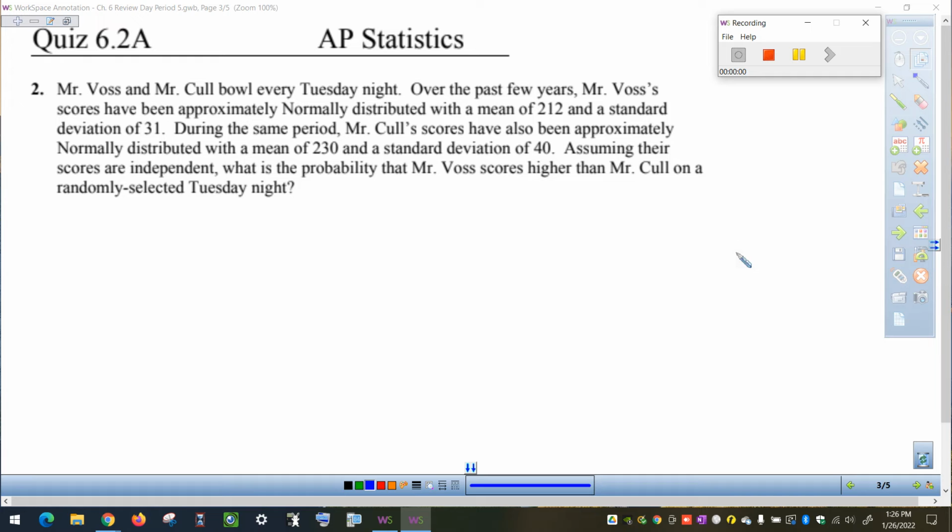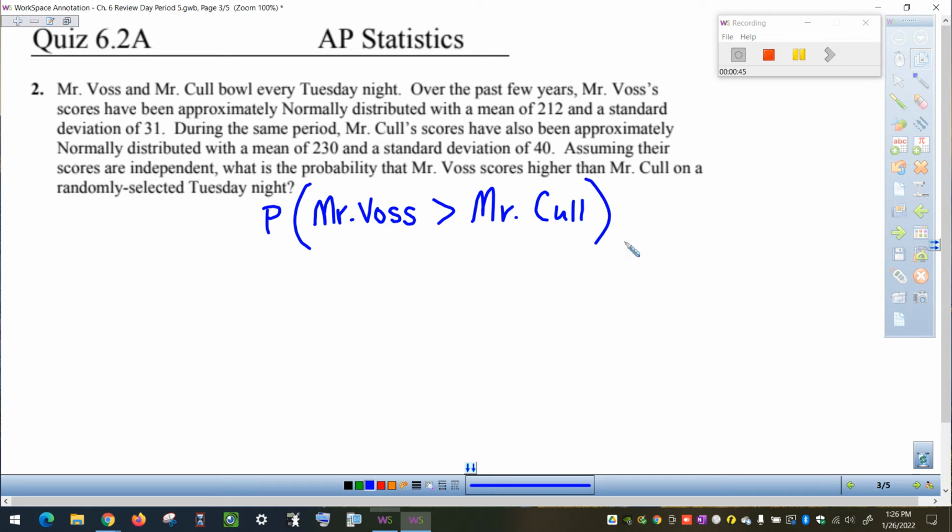So how I like to start to think about this is seeing if we can use the information from the problem, start to represent it mathematically. So we want to find the probability that Mr. Voss is going to score higher than Mr. Cole. And if we use maybe a B to represent Voss and a C to represent Cole, if we were to get the pieces together on one side, it would end up looking like this.